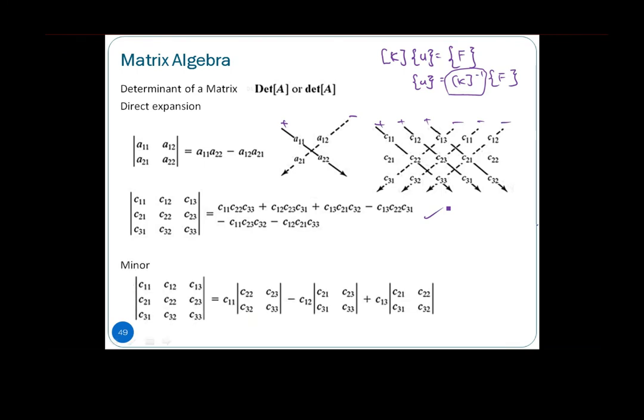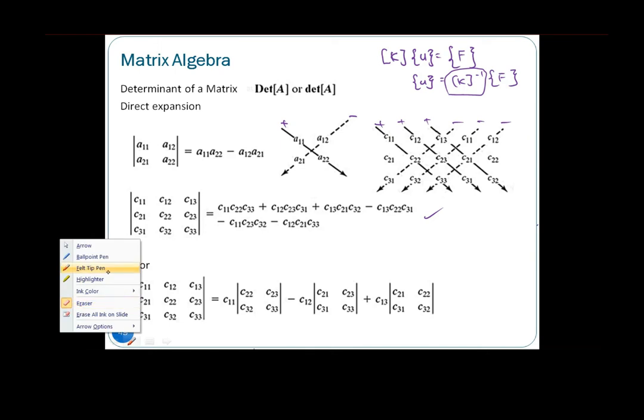Else, you can use what we used to learn before, using the minor. So if you find the first determinant for a three-dimensional matrix, you have C11, then you take this part, okay?